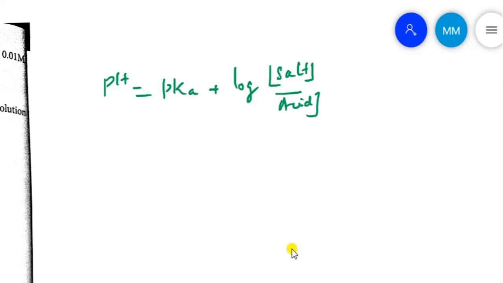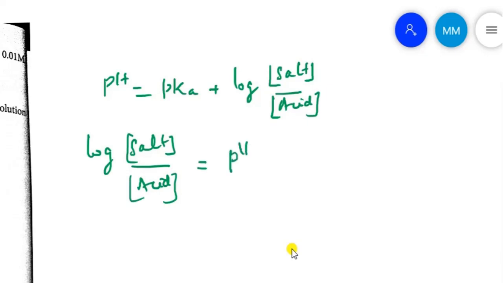So pH is equal to pKa plus log salt concentration by acid concentration. Here log of salt concentration divided by acid concentration is equal to pH minus pKa. The pH is given, that is 4.